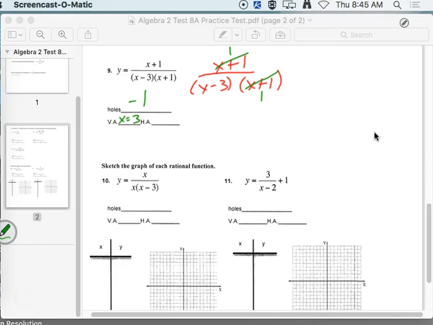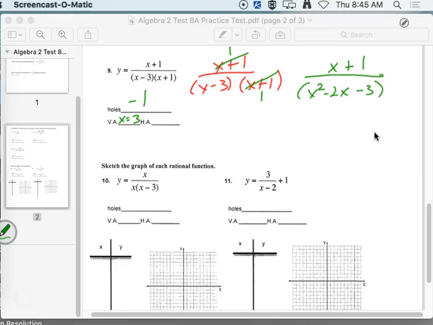Alrighty. Horizontal asymptotes. Now we have to think, if this were all multiplied out, what would the powers be? Well, that one would still be x plus 1 up there. That one would look like that. If that's the case, do we get a horizontal asymptote? And if we do, what is it? Is it y equals 0?